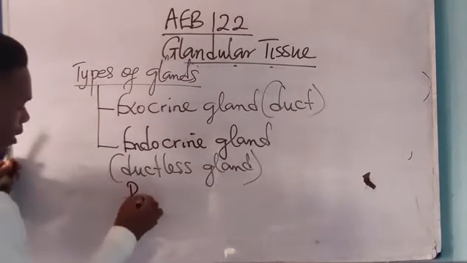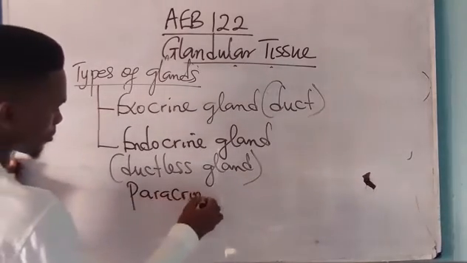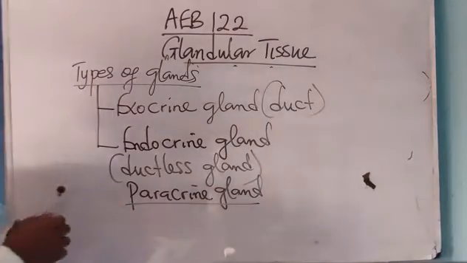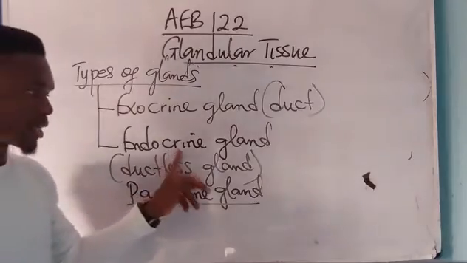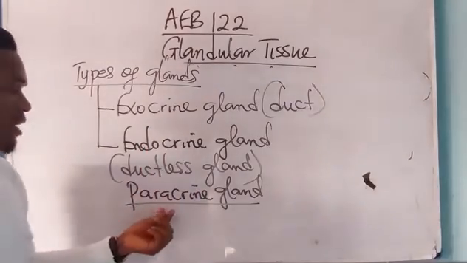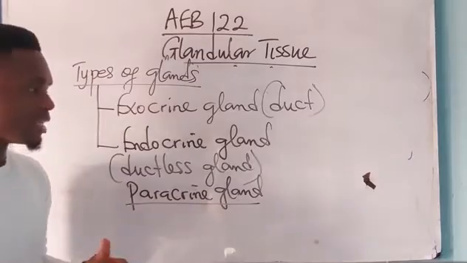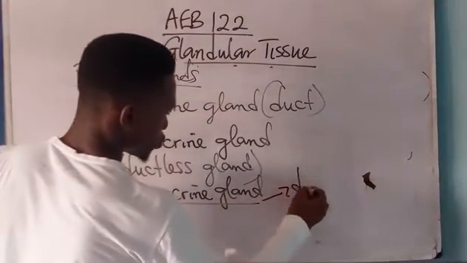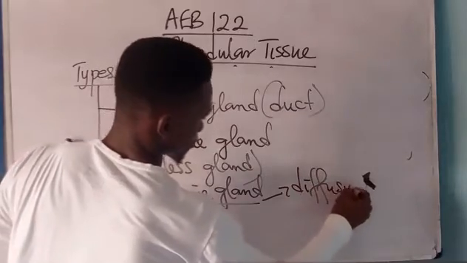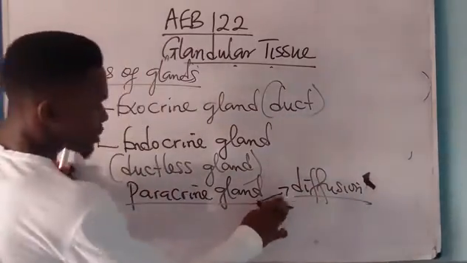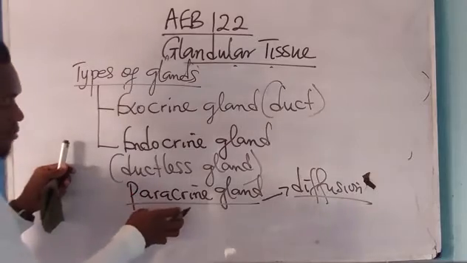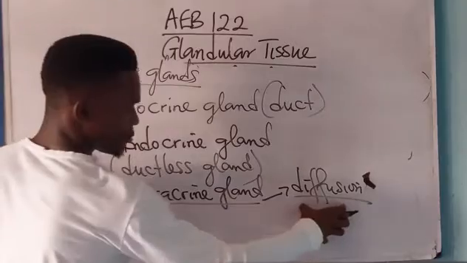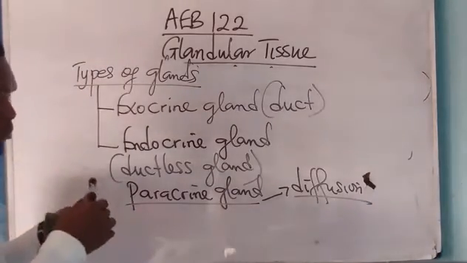But there's one gland that is very similar to the endocrine gland. It's called the paracrine gland. The difference is that as soon as secretions are made by the paracrine gland, they get to their target organs through diffusion, and not by bloodstream.